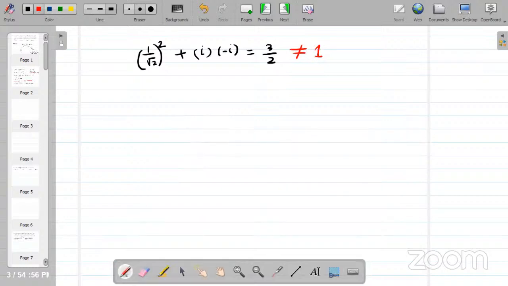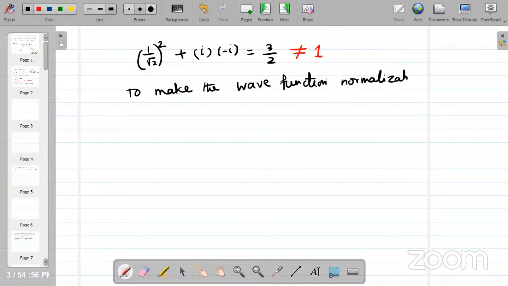So to normalize the function, we have to multiply by 1 by root n, right?